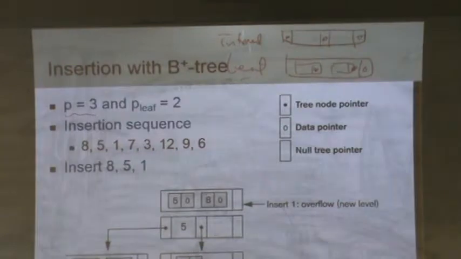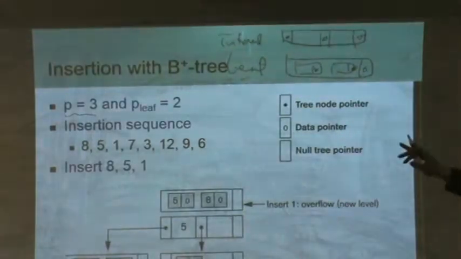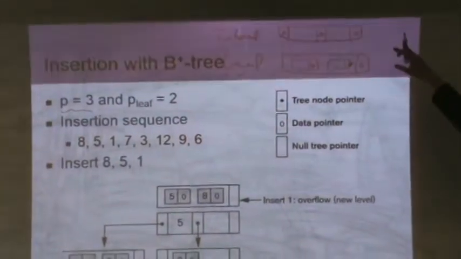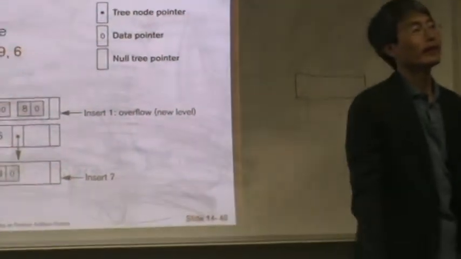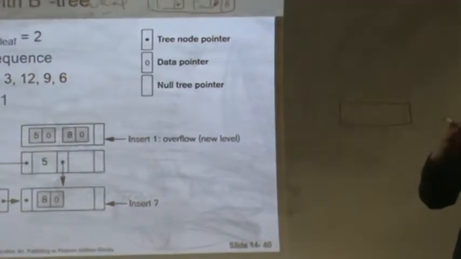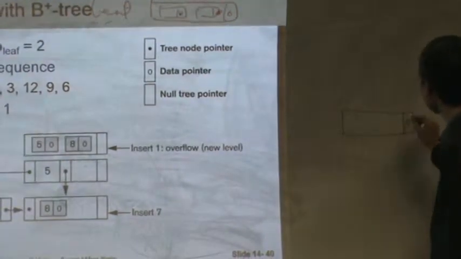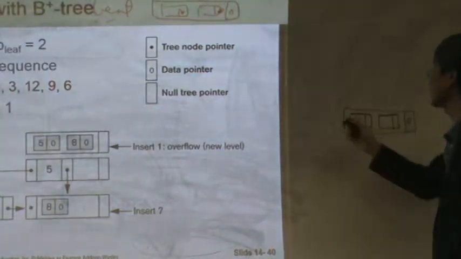So why don't we start from the beginning? When 8 and 5 are inserted, do we need an internal node or a leaf node for 5 and 8? A leaf node always, because it has not actually grown up yet. So we need this sibling node pointer and 2 data entries in a leaf node.